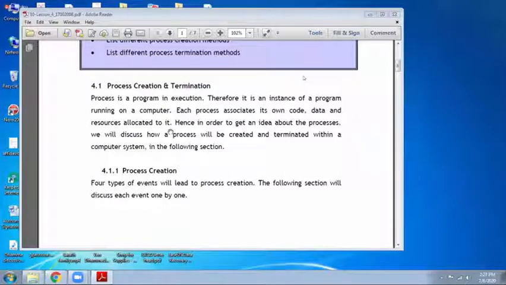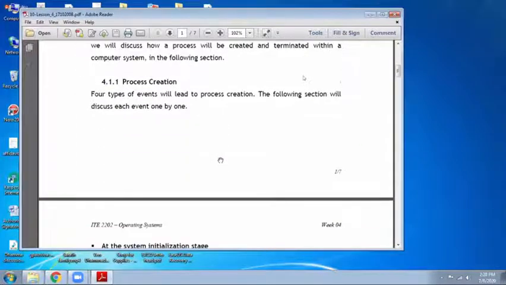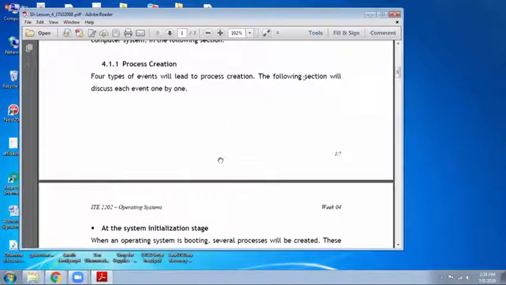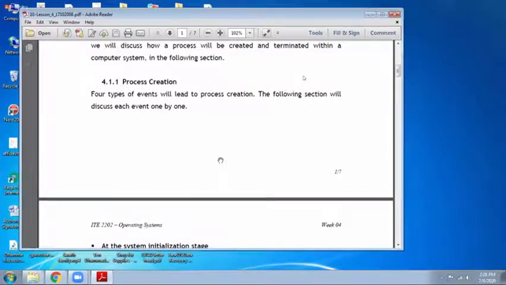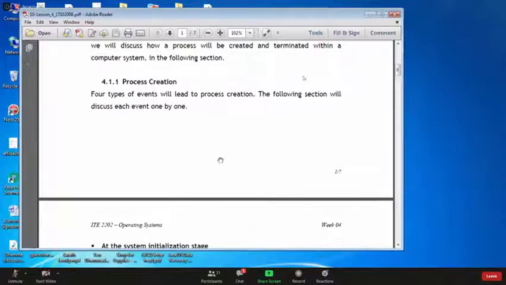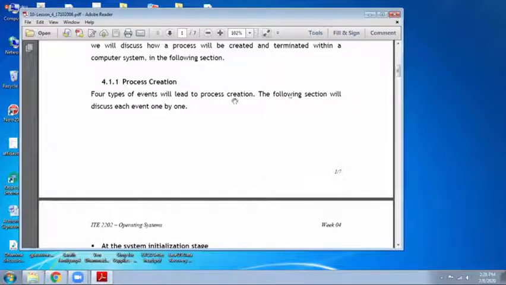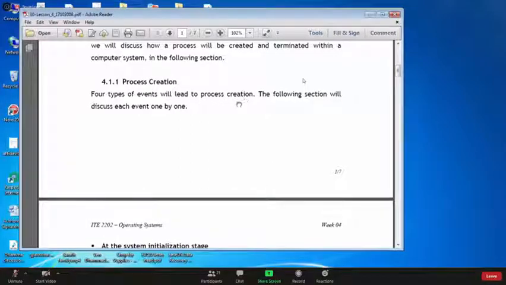In order to get an idea about processes, we will discuss how a process will be created and terminated within a computer system. So that's what we are going to talk about. When we talk about process creation, there are 4 types of events that will lead to process creation.